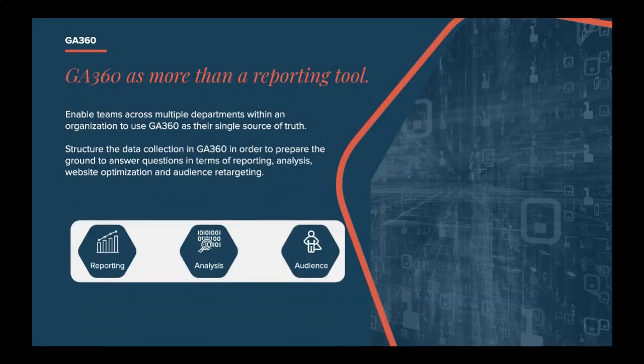And you want to make sure that to answer these questions, first of all, you're getting the right data, and second, you're getting it in the right format. And to do that, you need to know how does GA speak, so to say, and how to translate your questions in GA terms.